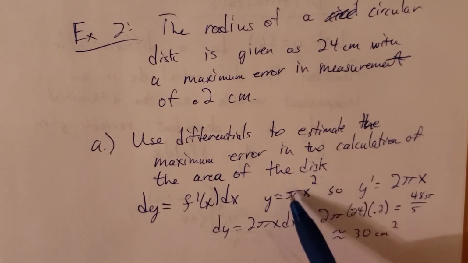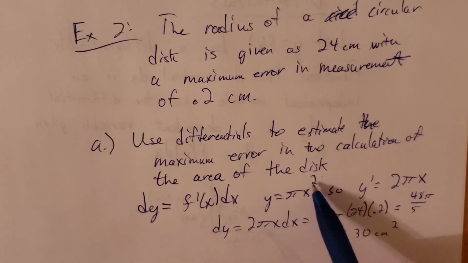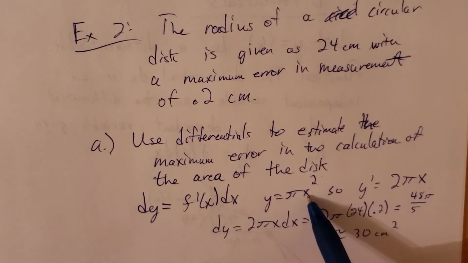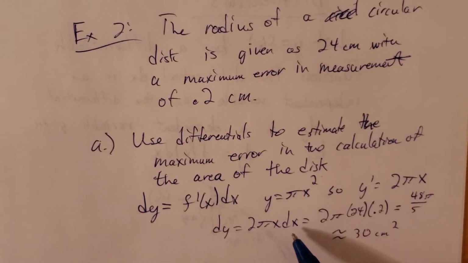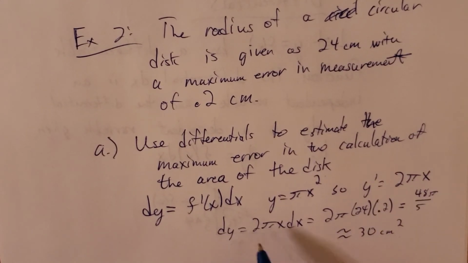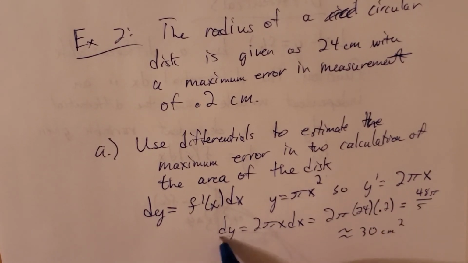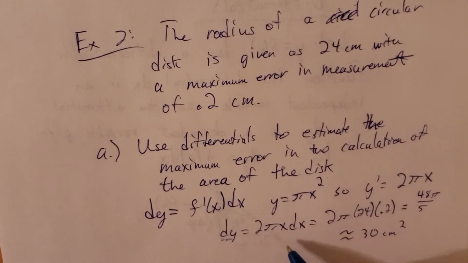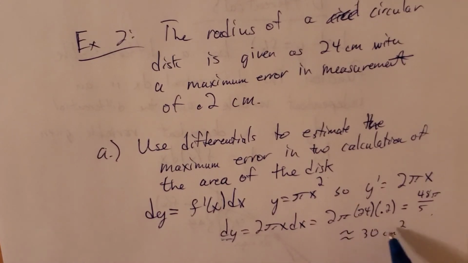Well, if we calculated some area here using this formula, but our radius could have been off by 0.2 centimeters, then the final area is going to be off by at most this estimated differential, this dy. That's its maximum possible change here. So this calculation here of dy gives us our maximum error in the area.